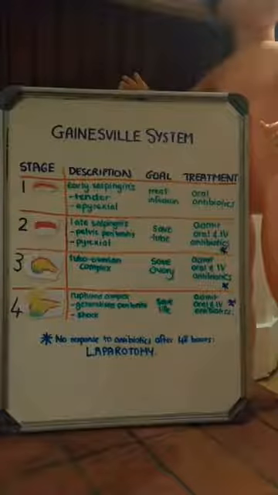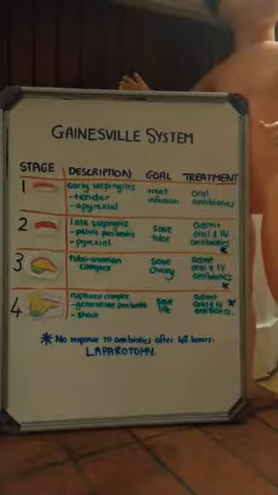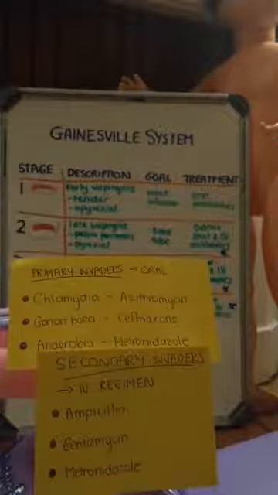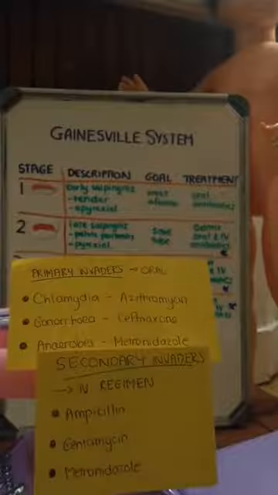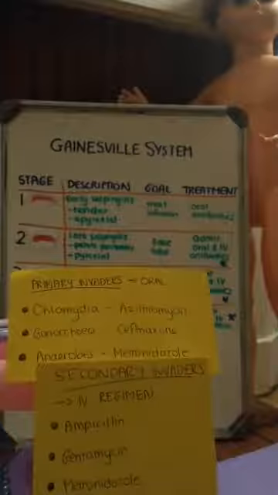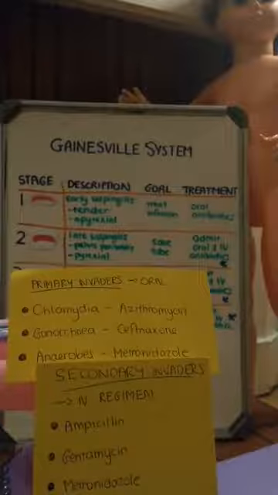Let's talk a little bit more about what is meant by oral and IV antibiotics and why we do that. So this comes back to the pathogenesis that we discussed earlier, where we discussed that there are primary invaders and secondary invaders.